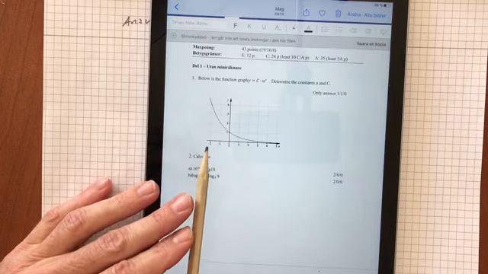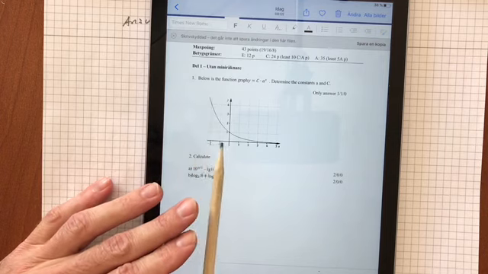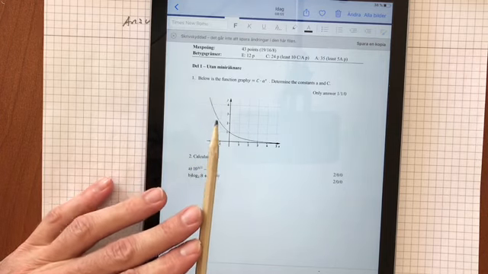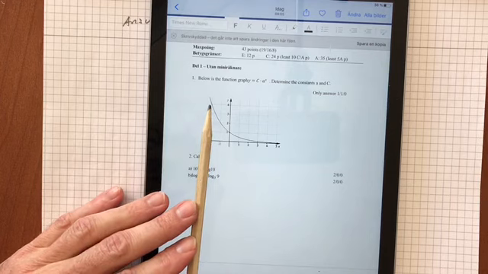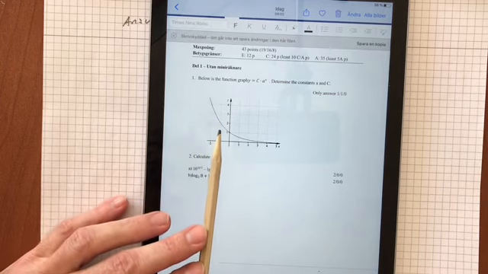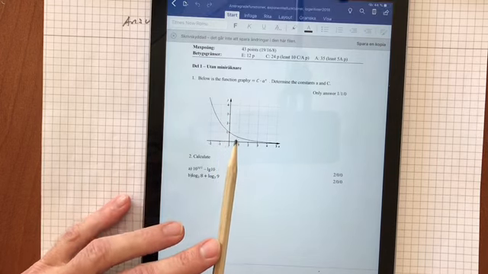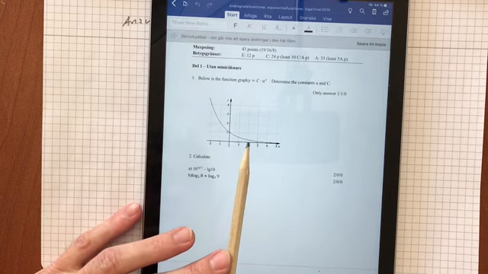Y is 4 and x is 2. As you go one step to the right, it drops from 4 to 2. That's because 4 times a half is 2, 2 times a half is 1, 1 times a half is 0.5, 0.5 times a half is 0.25, and so on.